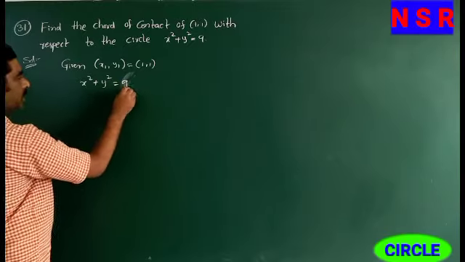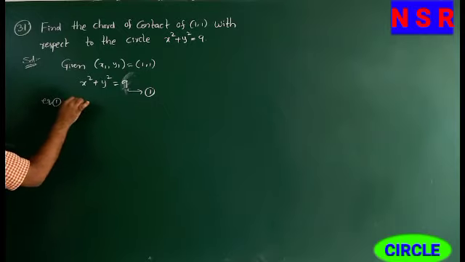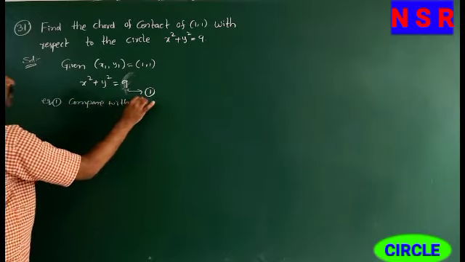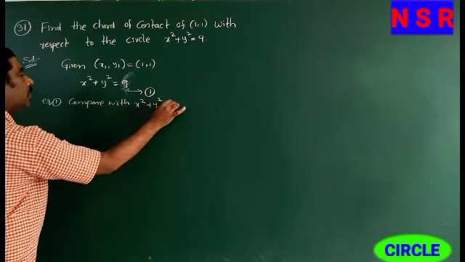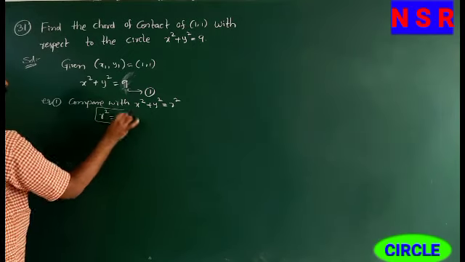Take it as equation number 1. Equation 1 compare with x square plus y square equal to r square. So here r square equal to 9.